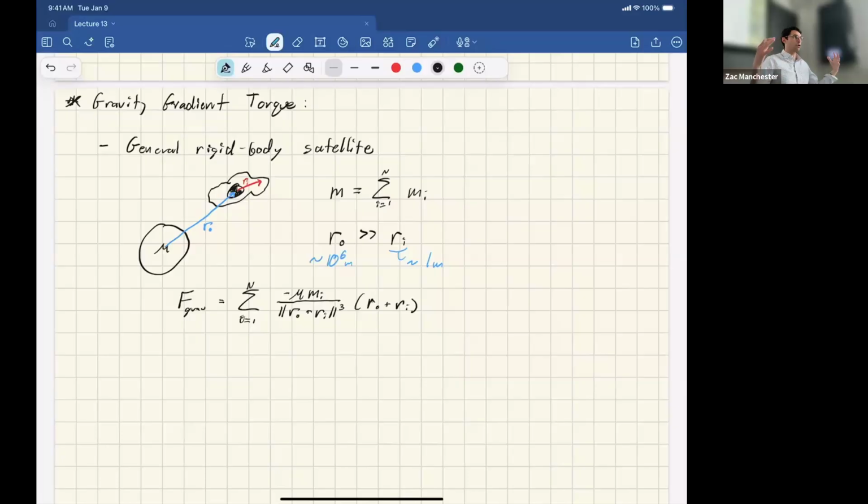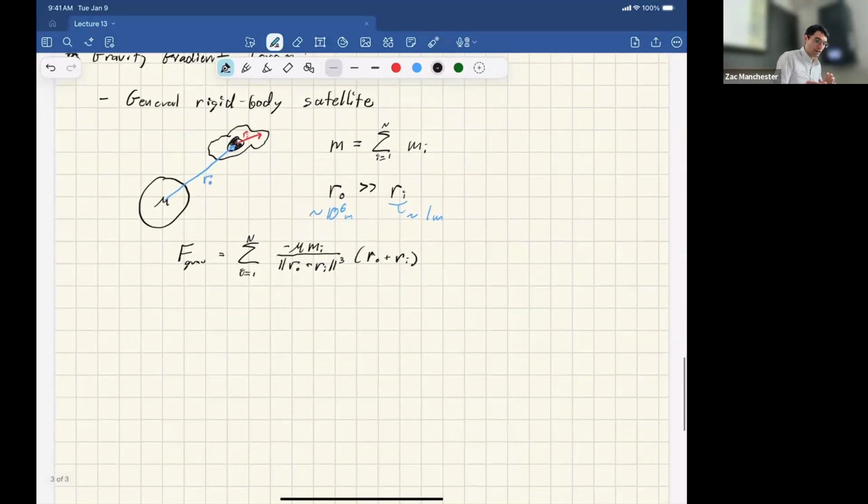I'm just summing over each little piece of mass in the satellite and adding up the gravitational force on each. So that's the general thing.